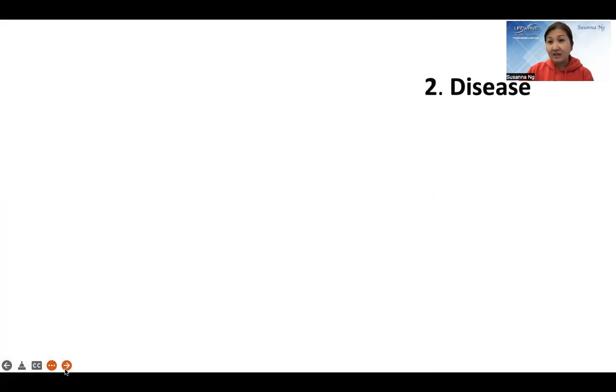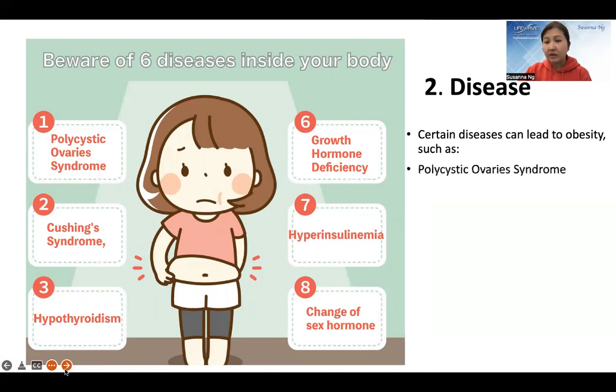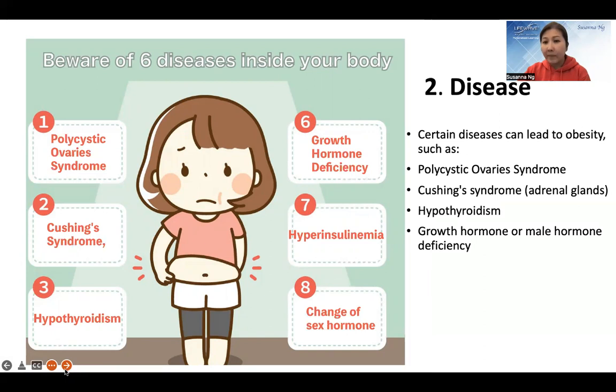The second is disease. So beware of these 6 diseases inside your body because they can cause an obese situation. Certain diseases can lead to obesity, such as polycystic ovarian syndrome, and also Cushing syndrome, hypothyroidism, and also growth hormone or male hormone deficiencies.